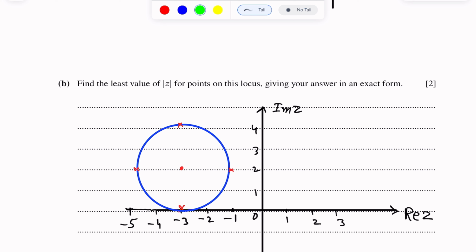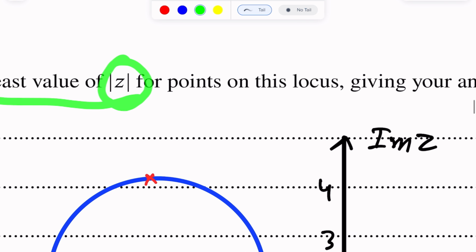So we make a construction on this diagram. We have to find the length of this line. This length of the line shows the least value of modulus of z.